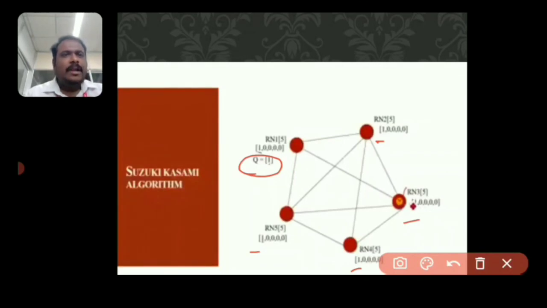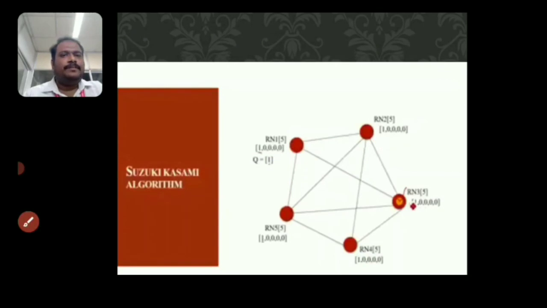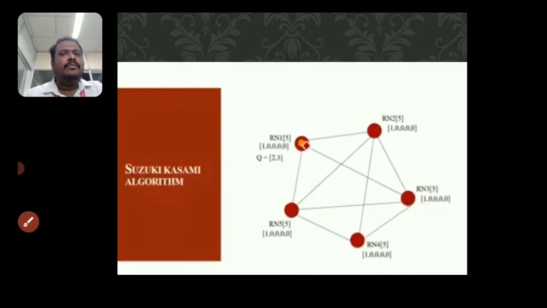So that they come to know that the first site wants to enter the critical section region, it is broadcasting a request message to all other sites for getting the token. Clear?